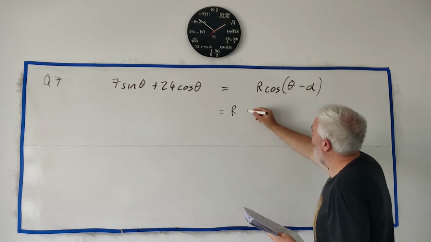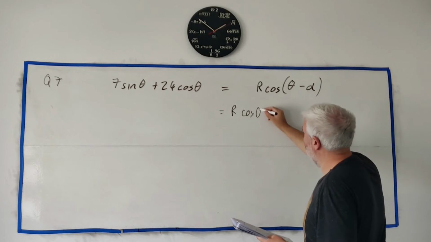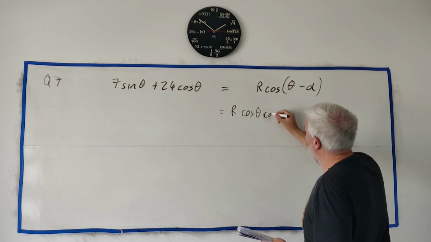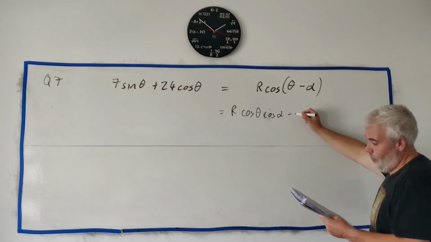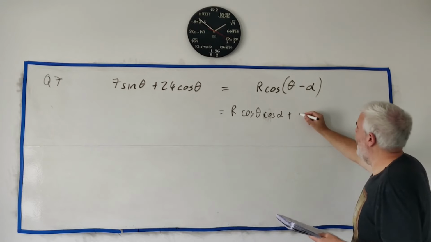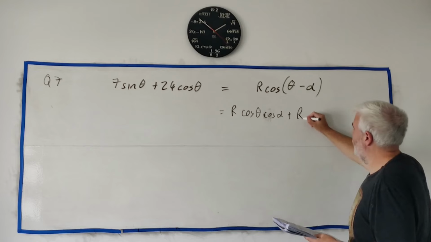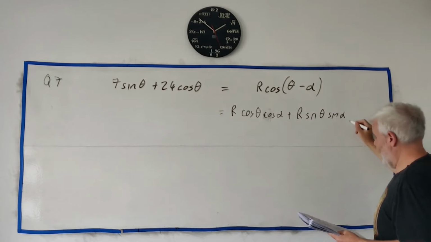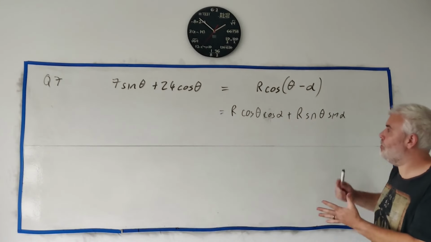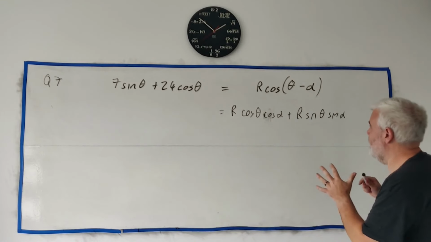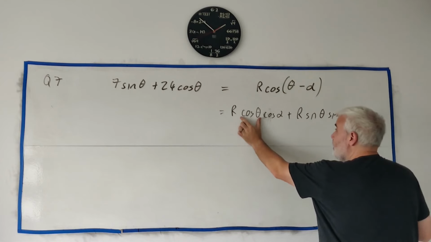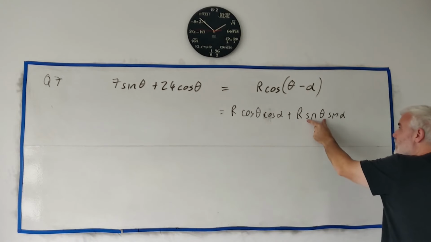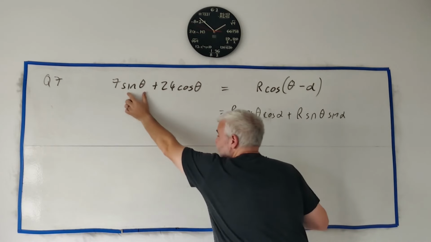Here we go: cosine the first angle, cosine the second angle, plus, or multiplied in would be R, sine the first angle, sine the second angle. Now that might not look special, but what we've done here is we have a cosine theta on the right and a cosine theta on the left. We have a sine theta on the right and a sine theta on the left.